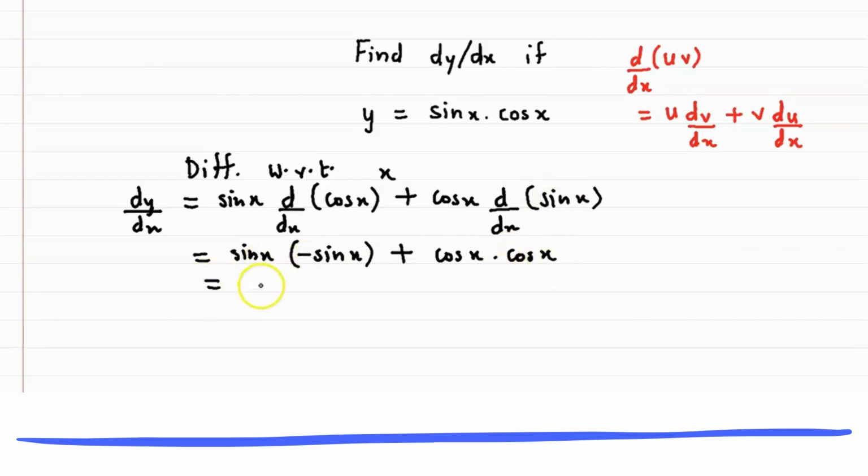So sin x into negative sin x gives us negative sin square x, and cos x into cos x gives us cos square x.